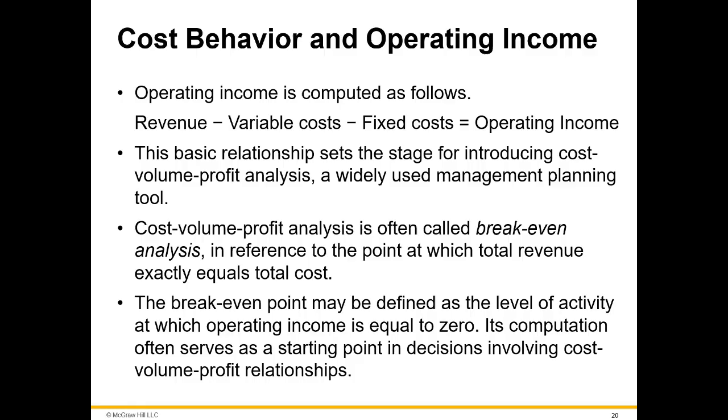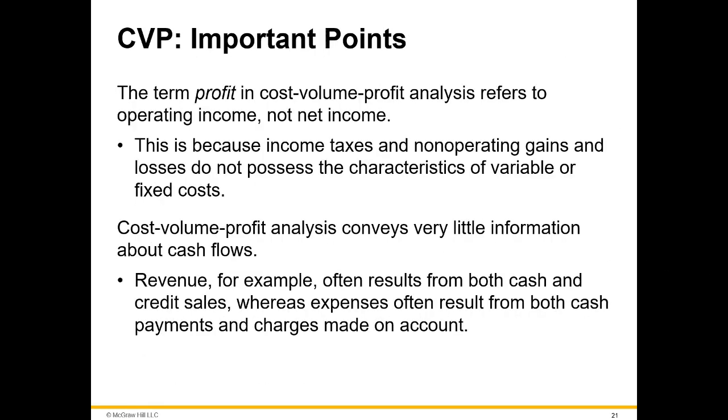Okay, so we see that. As we talk about cost volume profit, we want to carefully define profit. Note this is operating income, not net income. Why? Well, there are a number of things like income taxes, non-operating gains and losses, interest expense, for example, that would all be included in net income. But those aren't really relevant to us.